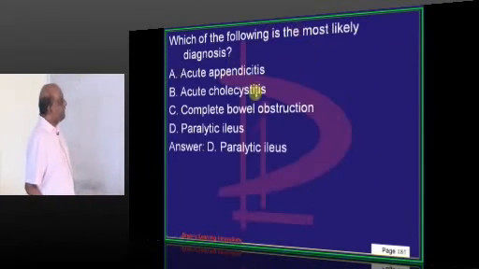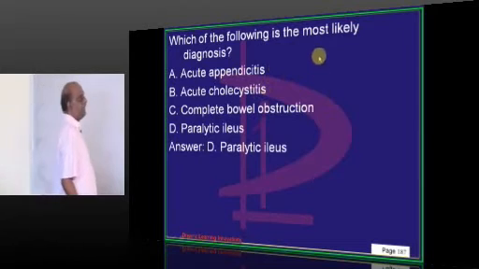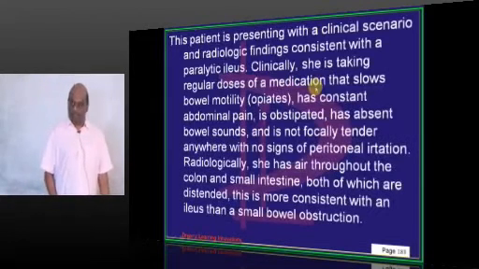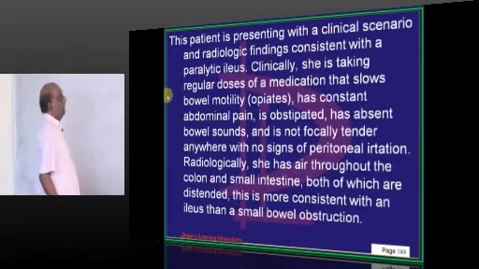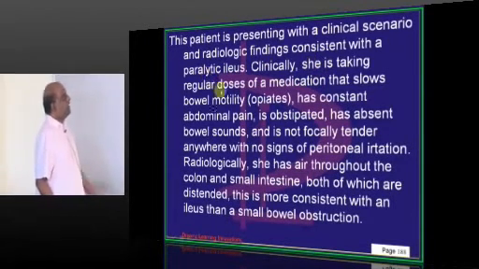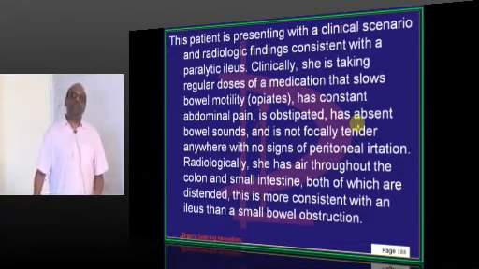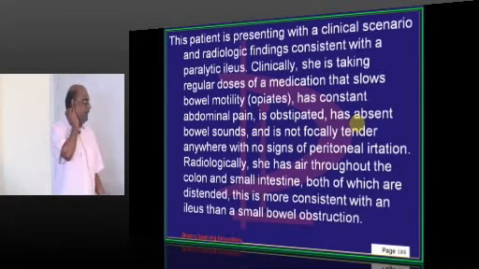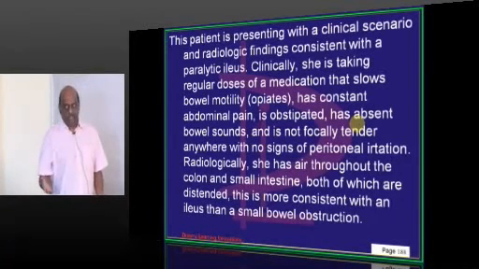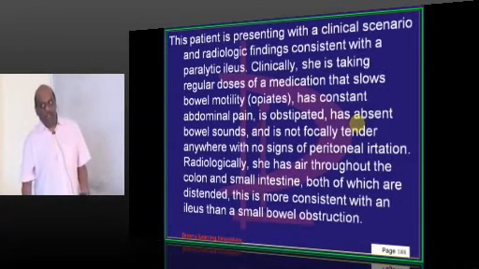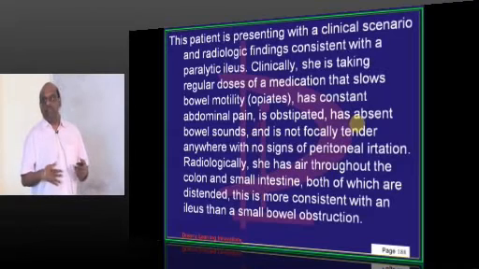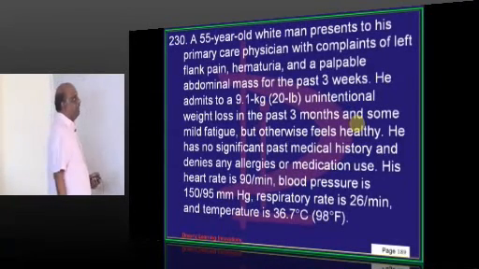Typically, what we are seeing is the development of paralytic ileus post-operatively. But she is taking a regular dosage of medication, typically opiates. It is not post-operative, but because of taking opiates, or hypokalemia, there are many reasons for the development of paralytic ileus.